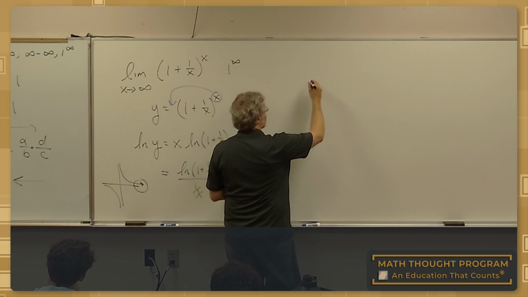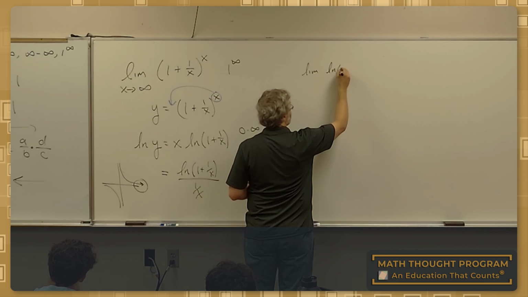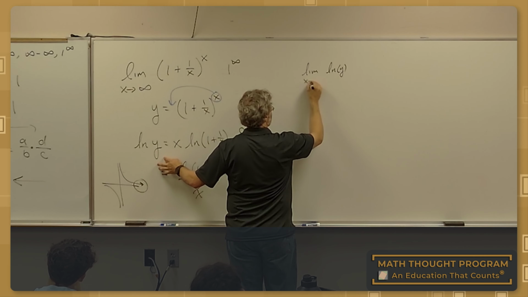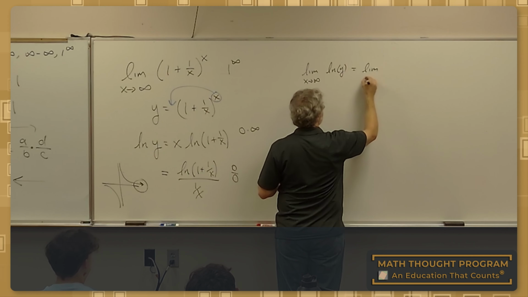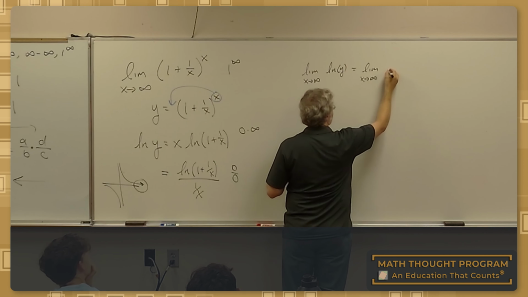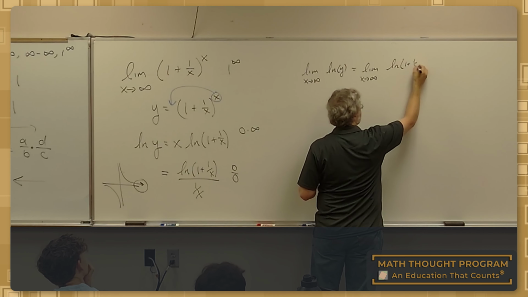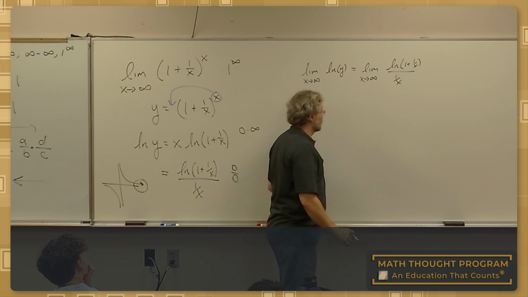So I'm going to take the limit of the natural log of y as x approaches positive infinity. I'm going to have the limit, natural log of 1 plus 1 over x over 1 over x.